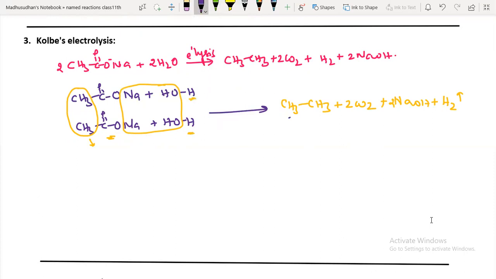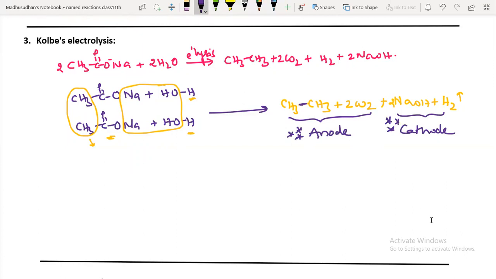That is also important. Your main product is ethane, a new C-C bond formed between these two, right? I'll remove that bond. These first two products are formed at the anode and the remaining two are formed at the cathode. So this is important, guys: which products are forming at the anode, and which at the cathode.